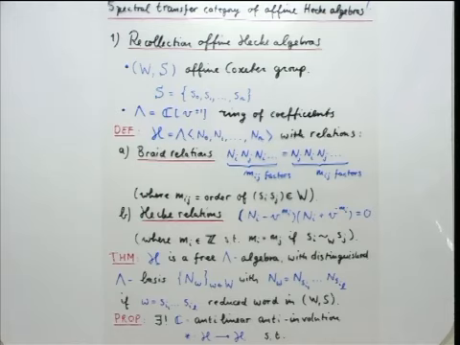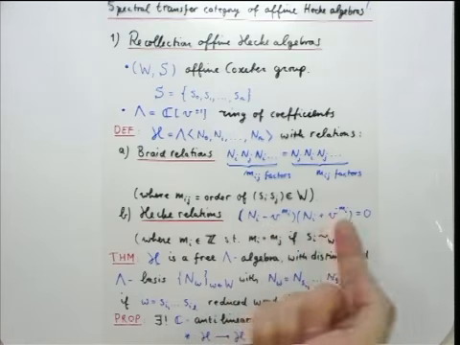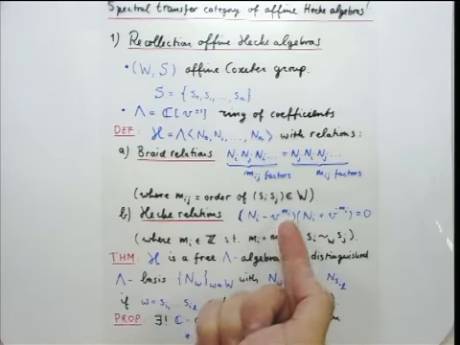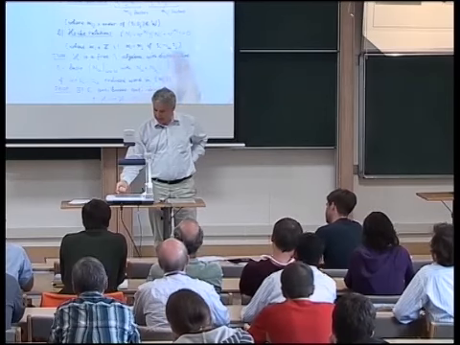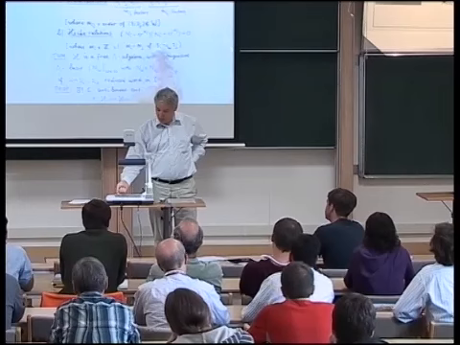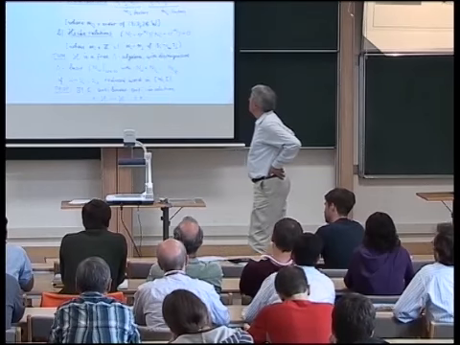But just to fix the notation, I have certain integers m_i that show up in these Hecke relations, and they of course should satisfy this rule that if two simple generators in the affine Weyl group are conjugate, then the m_i should be the same.